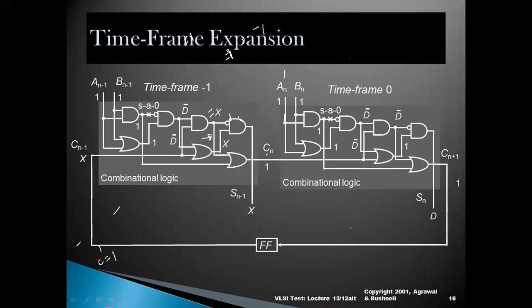Okay, now we'll analyze again the circuit in a similar way. Okay, you can start analyzing the circuit. So we have the stuck-at fault at this point, stuck-at 0. ठीक है.